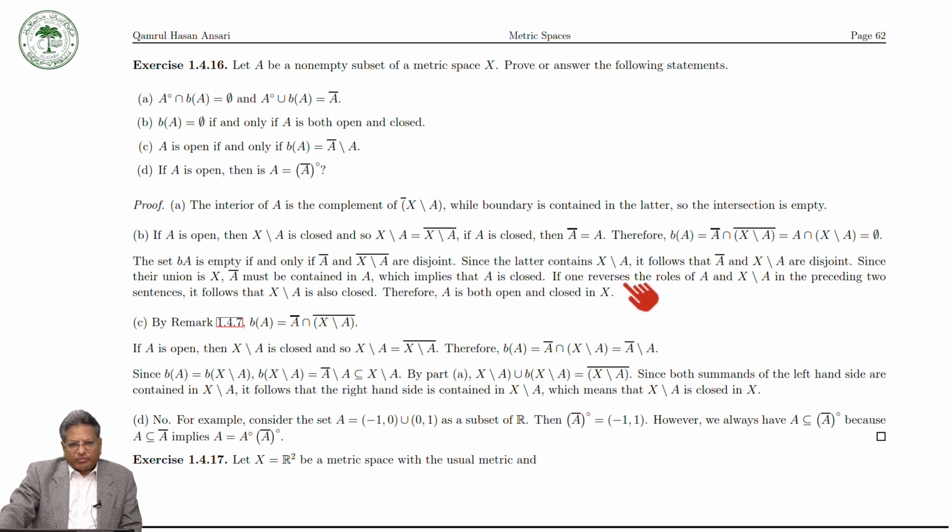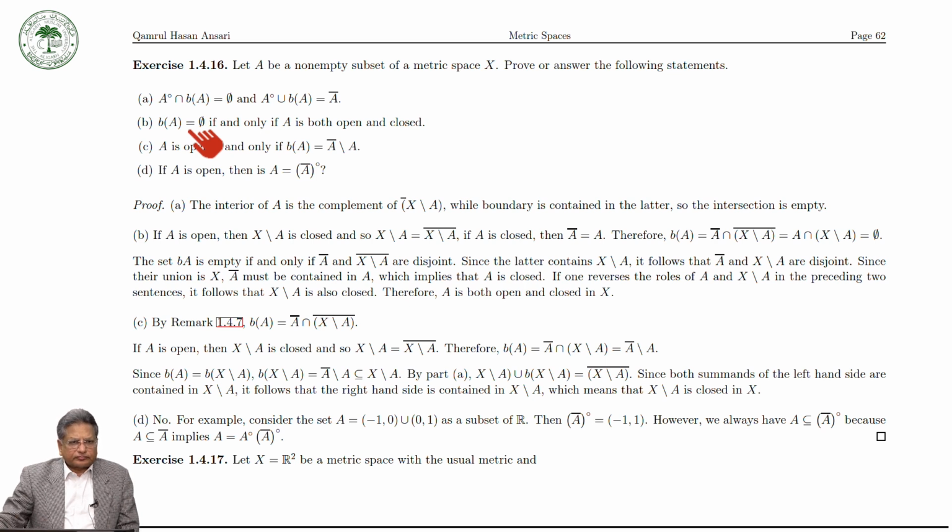If one reverses the roles of A and the complement of A in the preceding two sentences, it follows that the complement of A is also closed, and therefore A is both open and closed in X. So we have the statement that the boundary of A is empty if and only if A is closed as well as open.